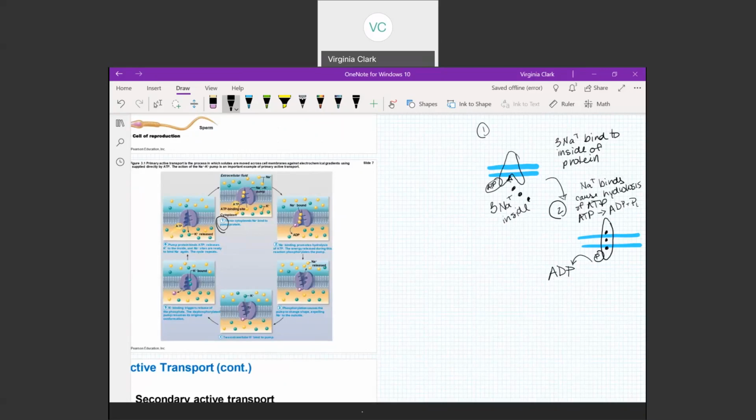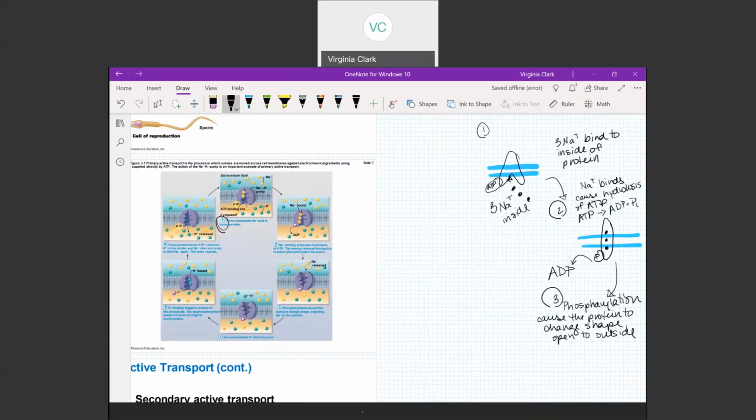When this occurs, you're going to have step 3, and this is called phosphorylation. So phosphorylation causes the protein to change shape. And what happens when this protein changes shape? It will open to the outside.